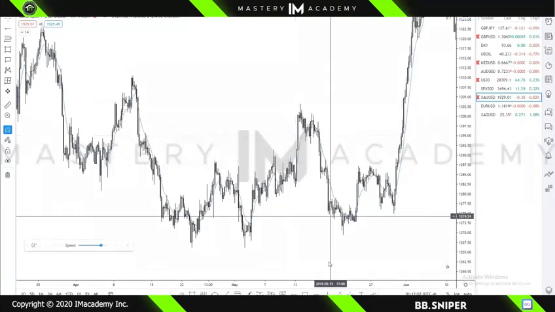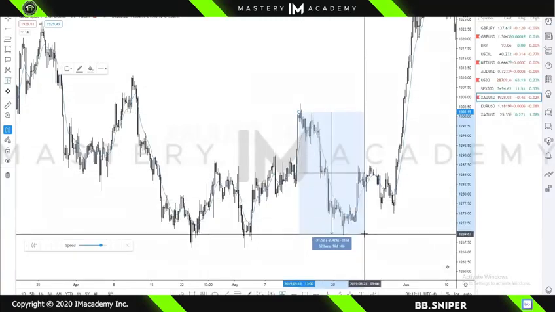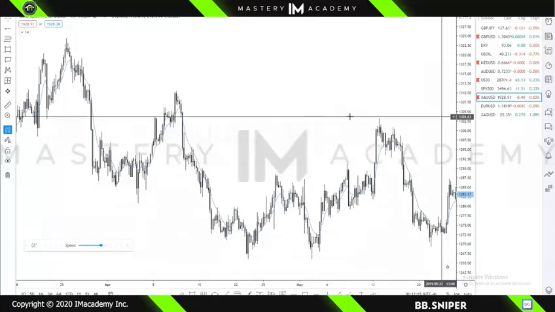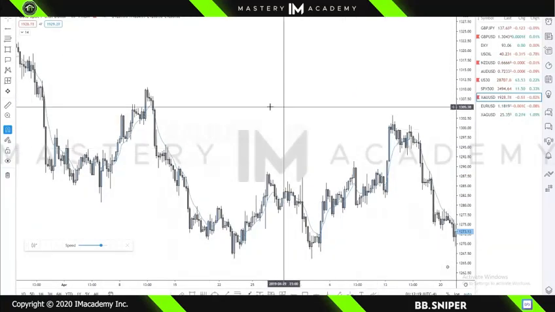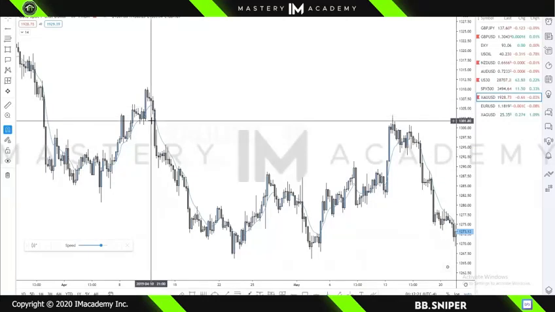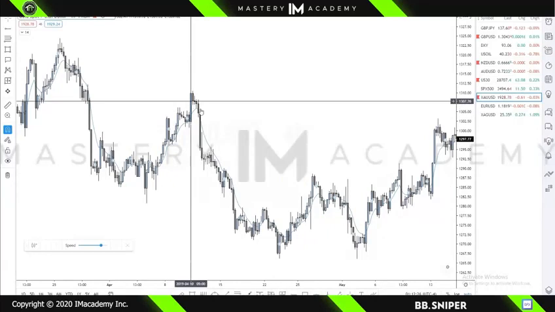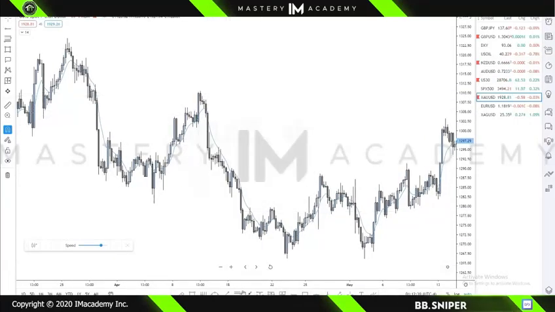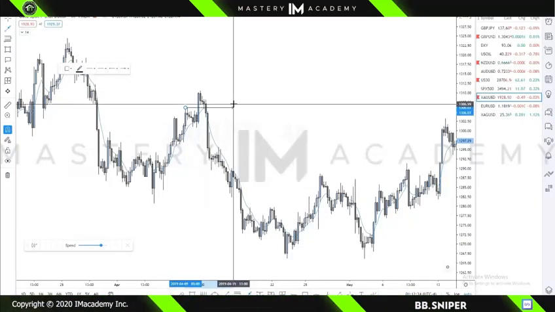Notice how the move that we got away from this was very significant, right? A 300 pip move. Not too significant in today's conditions with everything going on, but back then that was a decent move. Nowadays, gold will spit that easy. But what we had here is this candle, it captured liquidity in the form of this high.